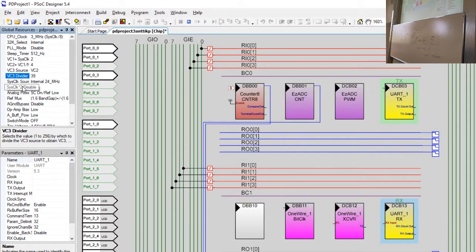There we go. So, and use this one as a clock to the UART. And now we need to basically get this one fixed.